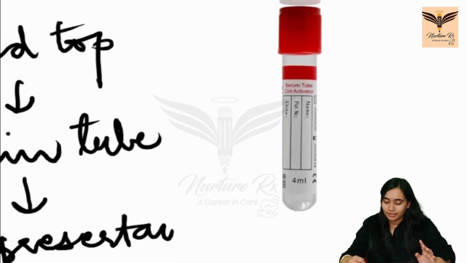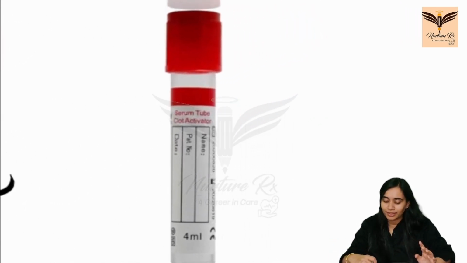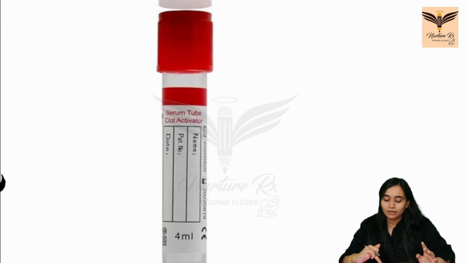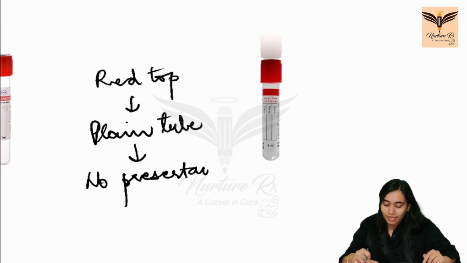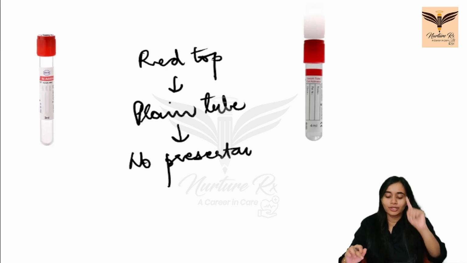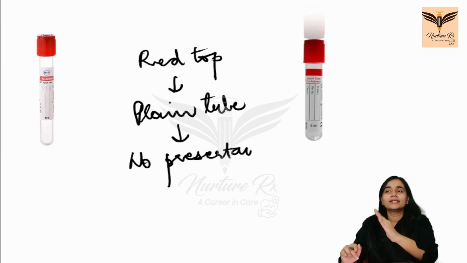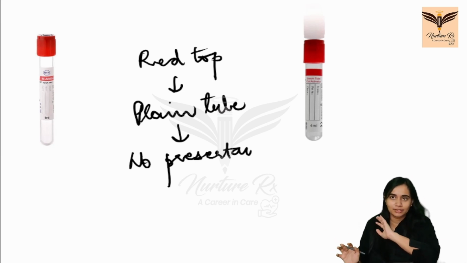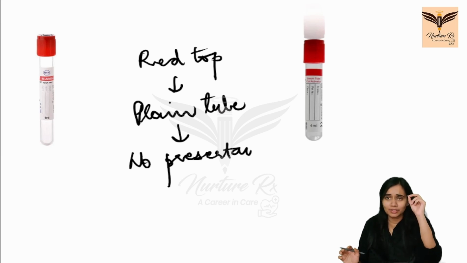I'll show you, here it is written that it is a serum tube which has a clot activator. You can see on your screens. So it is red top, called plain tube, and it may or may not have clot activator. What does it do? It separates your serum from the other blood components. Okay. So now your serum is separated.